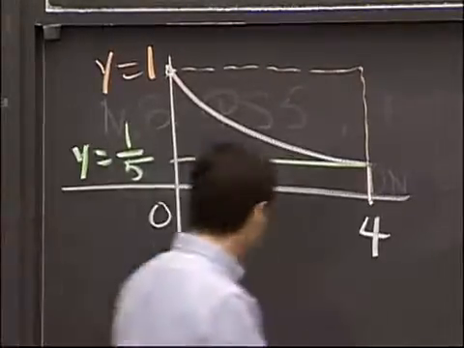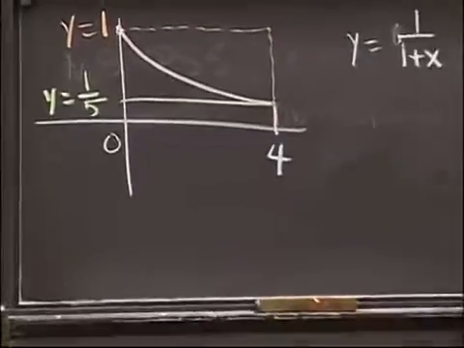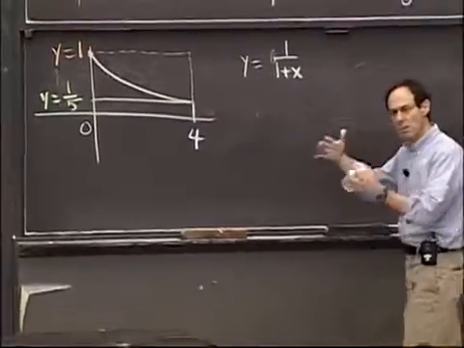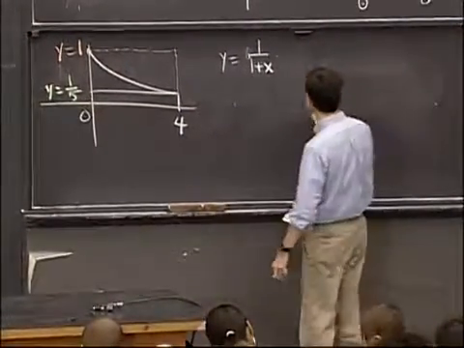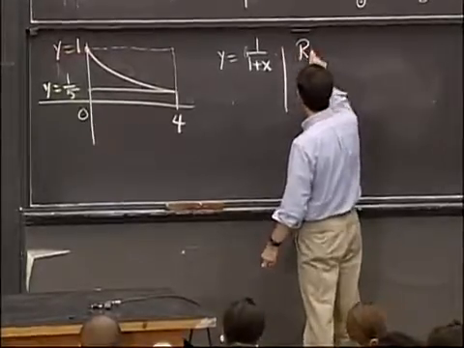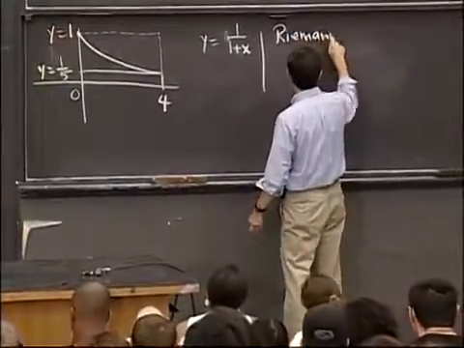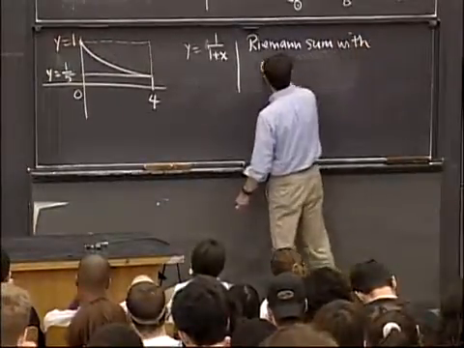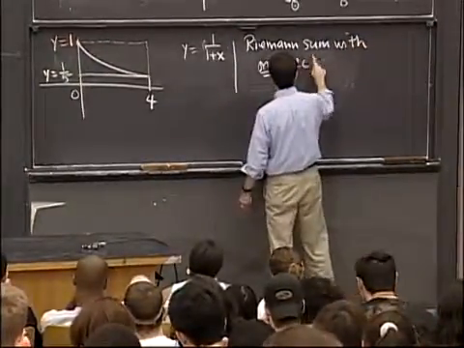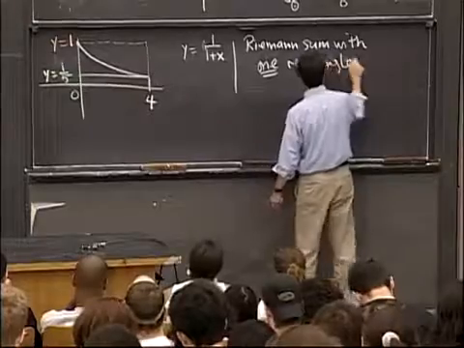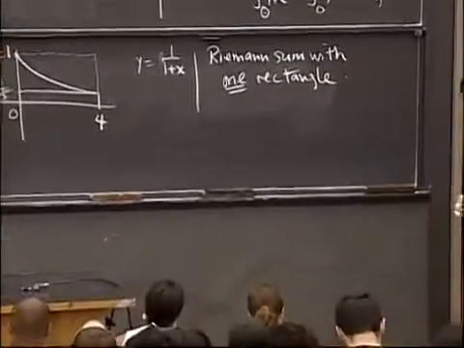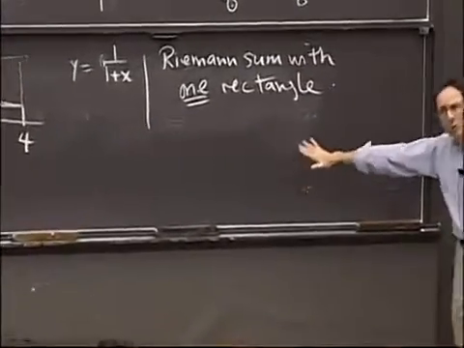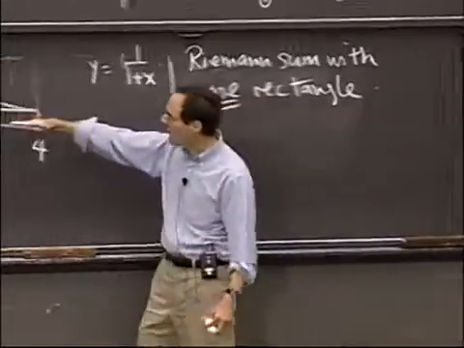And so what this really is, these things are the simplest possible Riemann sum, sort of a silly Riemann sum. This is a Riemann sum with one rectangle. This is the simplest possible one. And so this is a very, very crude estimate. You can see it misses by a mile.